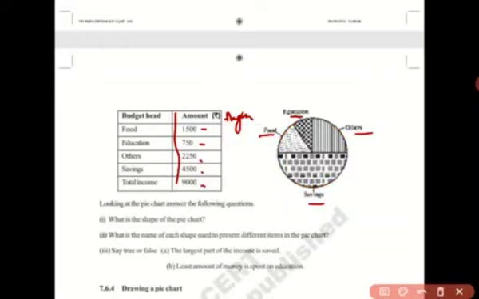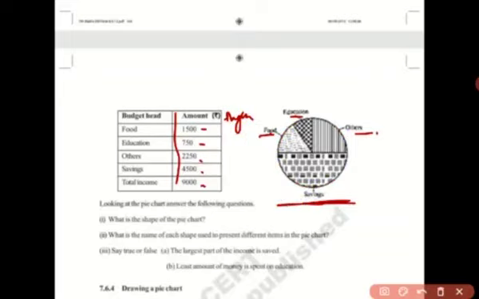Now they're asking questions. Looking at this pie chart, try to answer these questions. What is the shape of the pie chart? It is a circle. What is the name of each shape used to present different items in the pie chart? Here the different items are food, education, others, and savings.